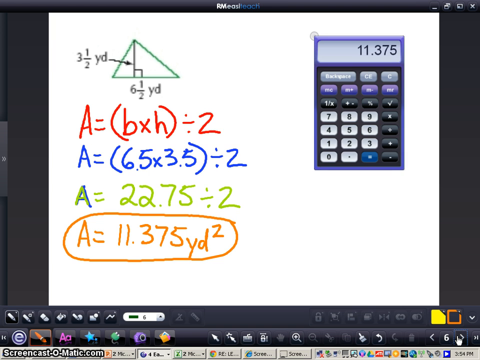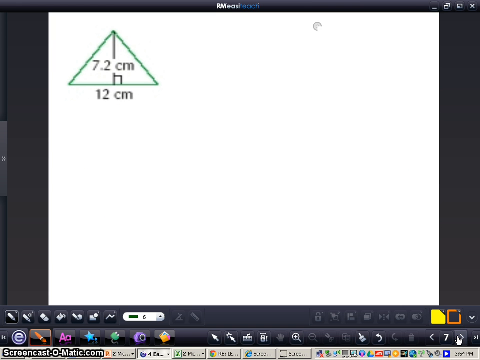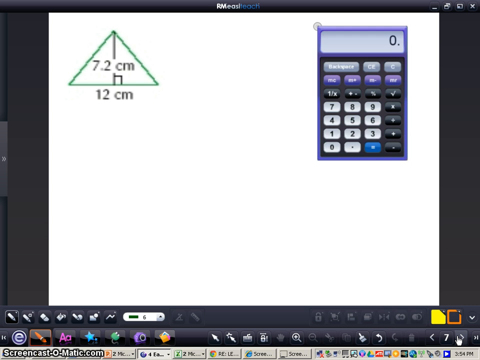Okay, now for this next problem, what I want you to do is get out your math journal, pencil, and your calculator, and we're going to work through this problem together. So the first step, we want to write the formula down. Area equals base times height divided by 2.